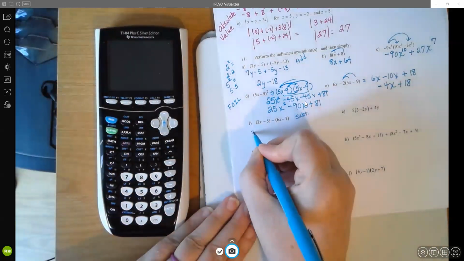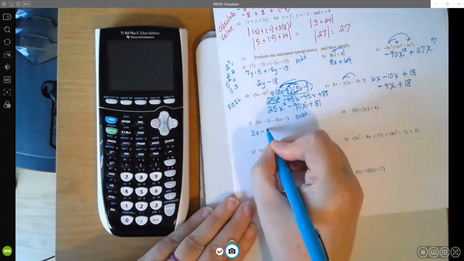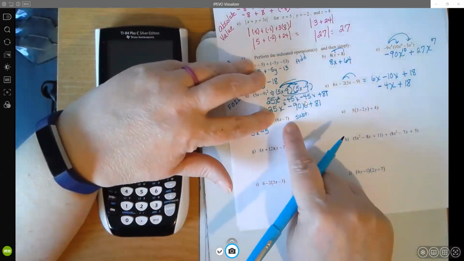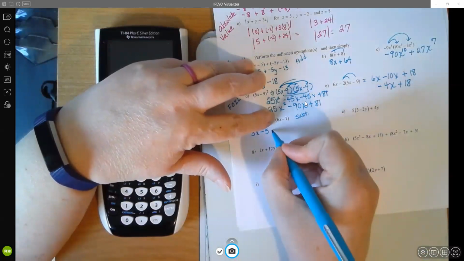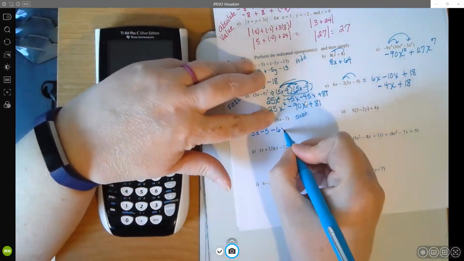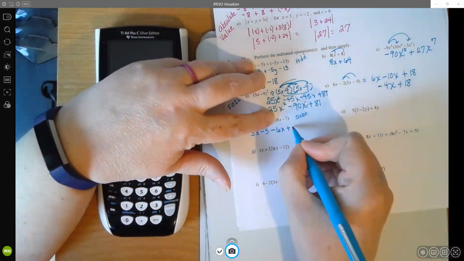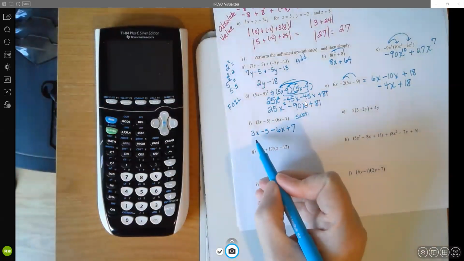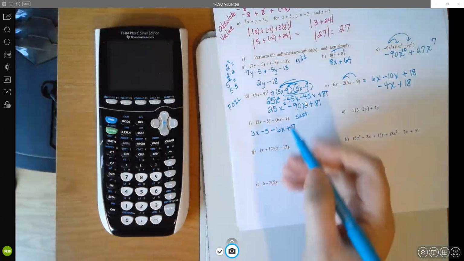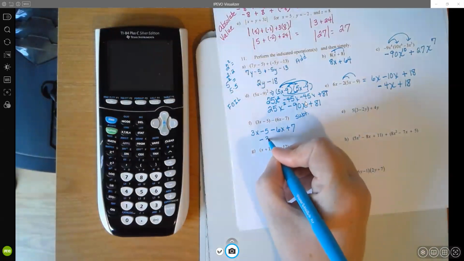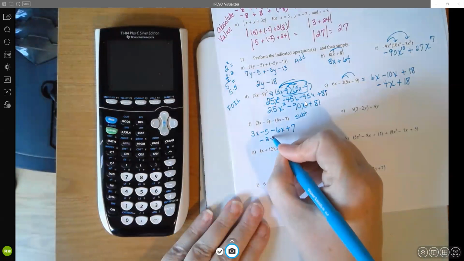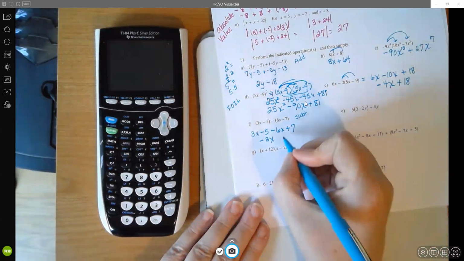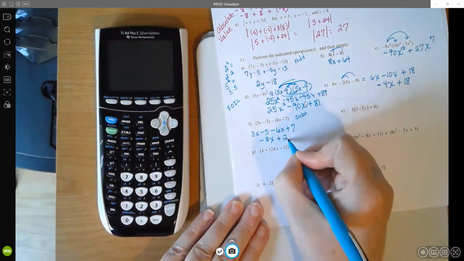So this would be 3x subtract 5. Inside, that's a positive 6 and a negative 7. So when I subtract, that becomes a negative 6 and a positive 7. And now I can add my like terms. 3x minus 6x would be negative 3x. Negative 5 plus 7 would make it a plus 2.